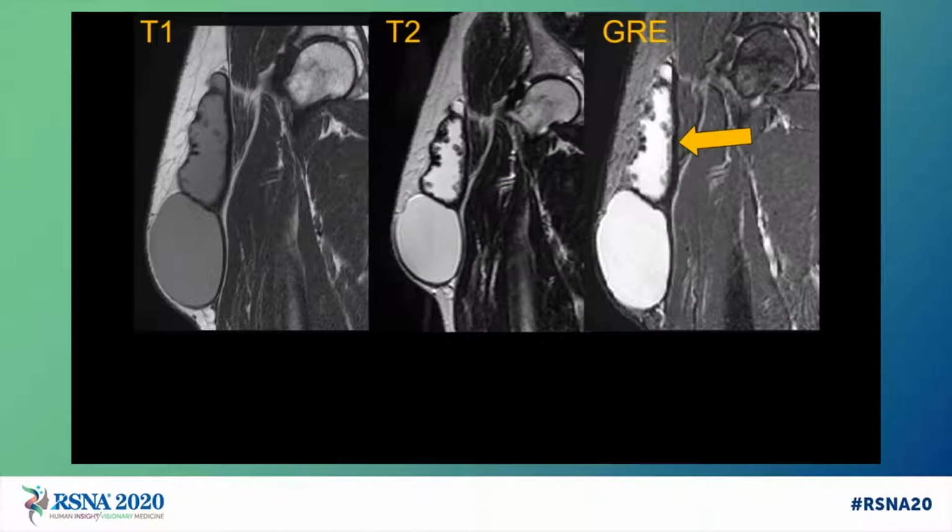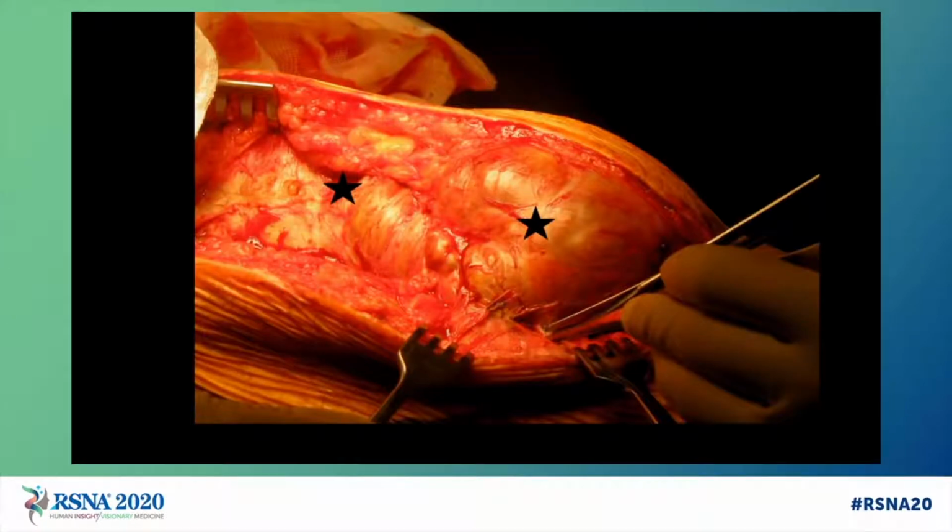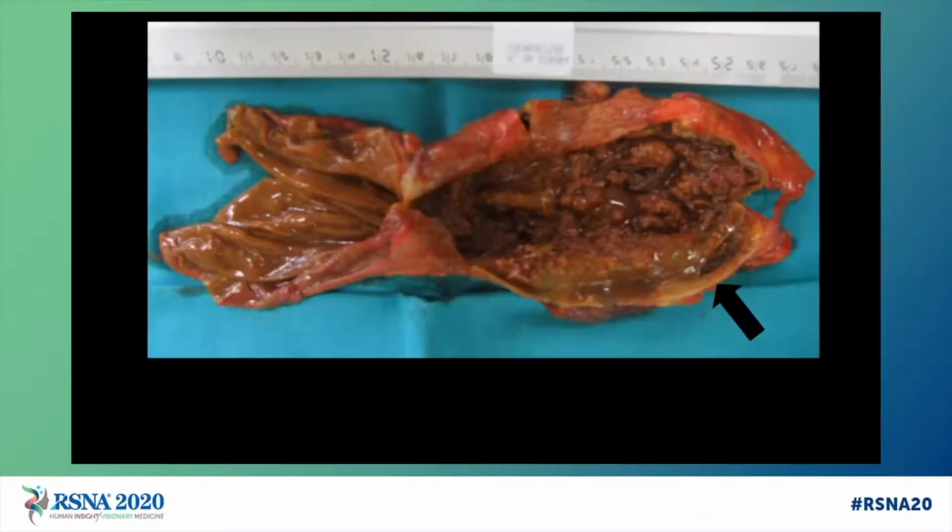On gradient echo sequences, there is some blooming in the wall representing hemosiderin in this hematoma. We can see the mass intraoperatively. After resection, the mass has been sectioned and one can see the wall. We can see the brown discoloration on the sectioned gross specimen representing the hemosiderin deposition, and in this location, this would be referred to as a Morel-Lavallée lesion.